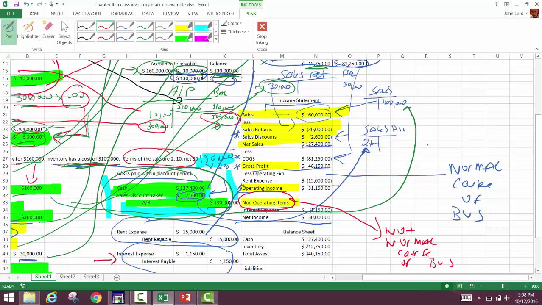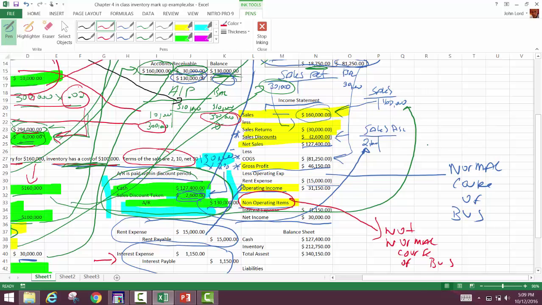We do this because investors want to say, okay, I see. In your everyday normal course of business, you have sales, a little returns and some discounts. Your net sales, less your cost of goods sold, I see your gross profit based on the stuff that you sell. But of course, you have to operate; you have to have a building to operate out of. So we see that that's going to continue in your normal operations.